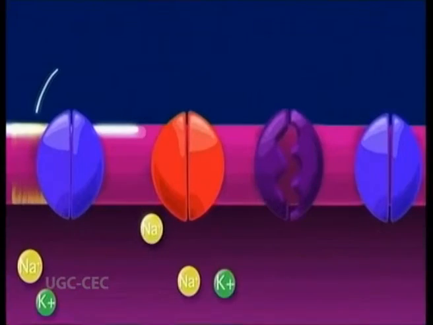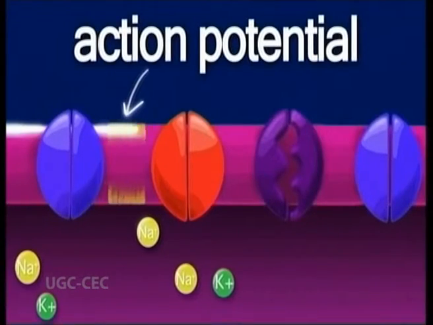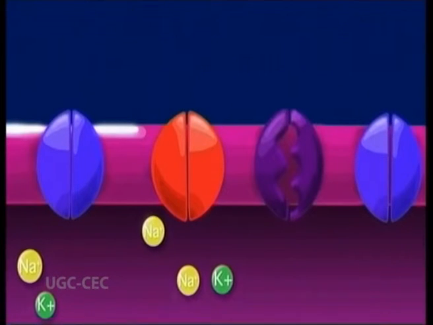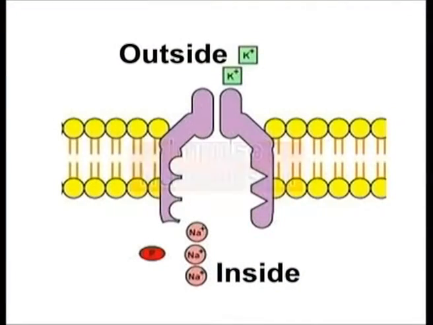If enough neurotransmitter is released and enough sodium channels are opened, then the membrane potential will reach the threshold. If so, an action potential occurs and spreads along the membrane of the postsynaptic neuron, which in other words can be said the impulse will be transmitted. Of course, if insufficient neurotransmitter is released, the impulse will not be transmitted.